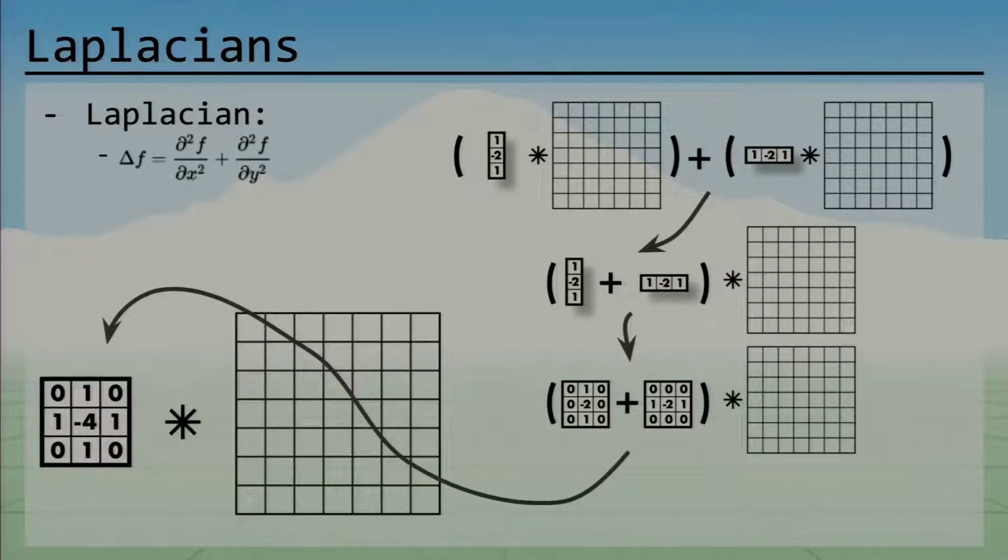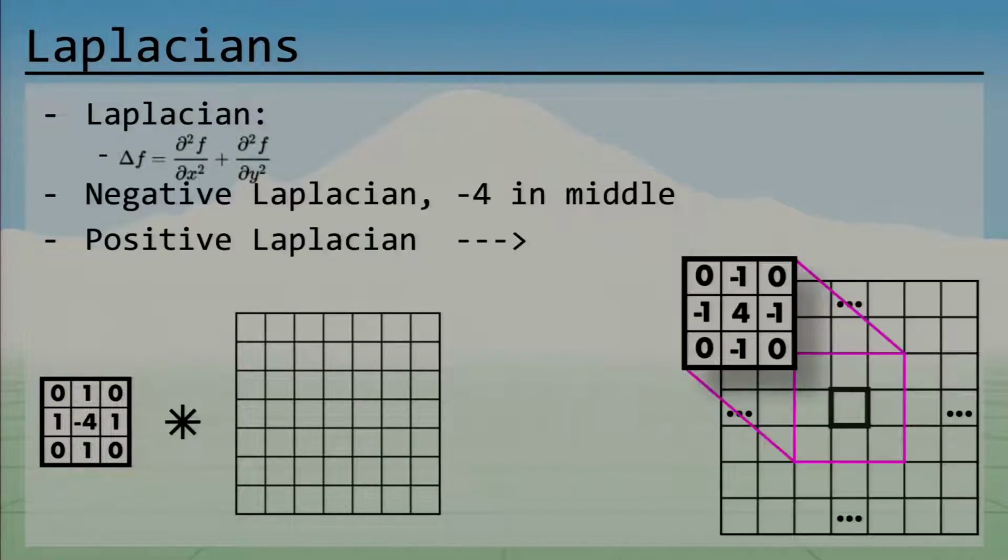But that's why this filter was already working a little bit to find edges, because we have a filter that responds to edges pretty strongly, both positively and negatively. So in general, the filter with the -4 in the middle is called the negative Laplacian, and the filter that we were already talking about before is called the positive Laplacian.